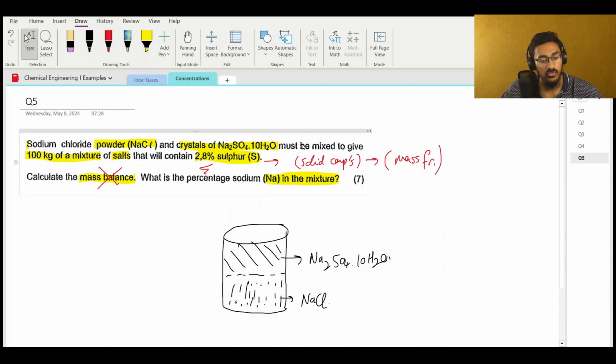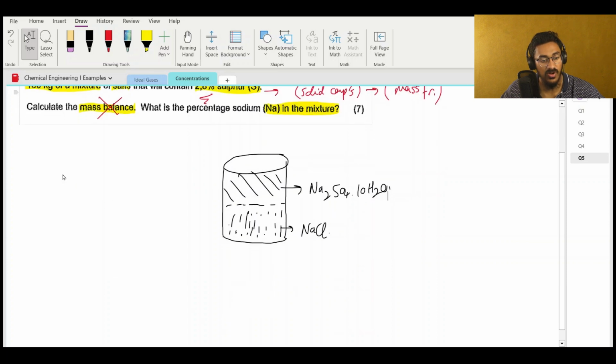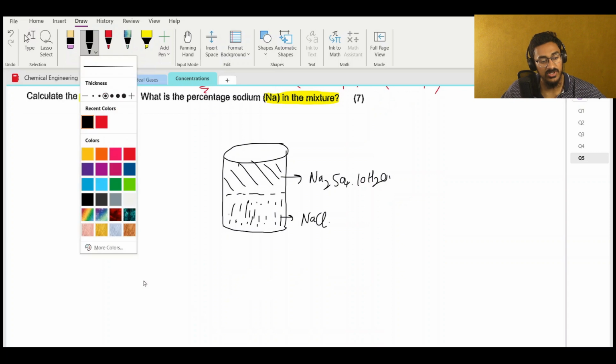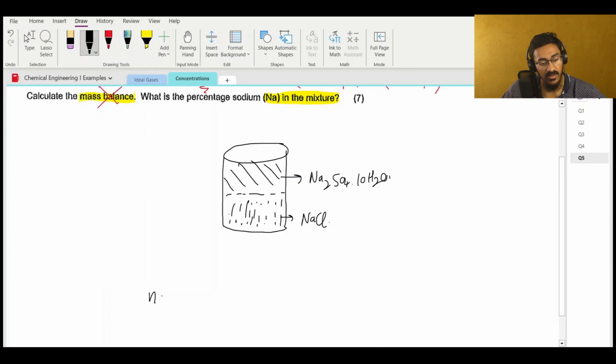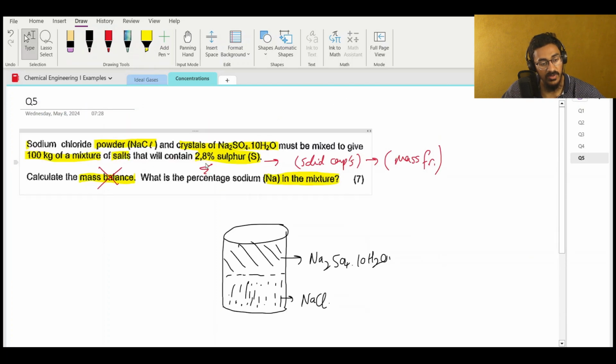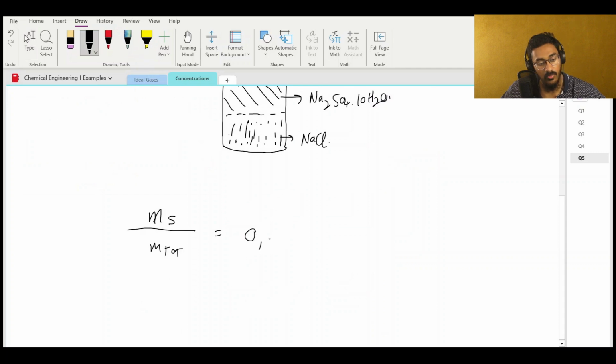And they want me to mix these salts in such a way that we end up with 2.8% sulfur. And remember, we've got a 100 kilogram mixture. So this is pretty straightforward, but I'm going to write it down anyway. The mass of sulfur over the total mass must equal 2.8% or 0.028.